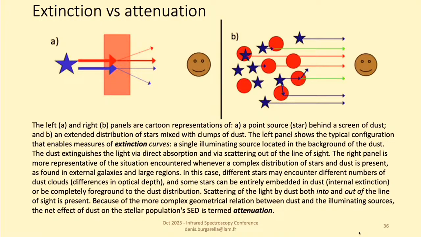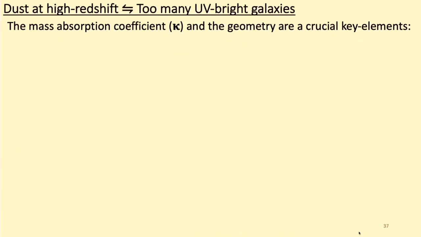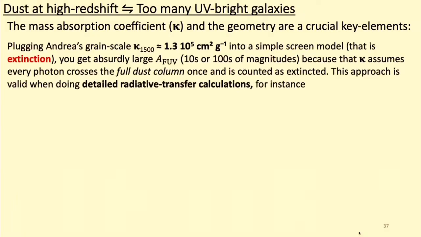So the main point is the difference between extinction, which is along one line of sight, and dust attenuation, where you have various physical parameters that produce the dust attenuation. And these are two different physical processes. They depend on the mass absorption coefficient, kappa, and the geometry, which are two crucial key elements. If you plug in, for instance, Andrea's kappa value, which is the opacity, you will get something which is very, very large.